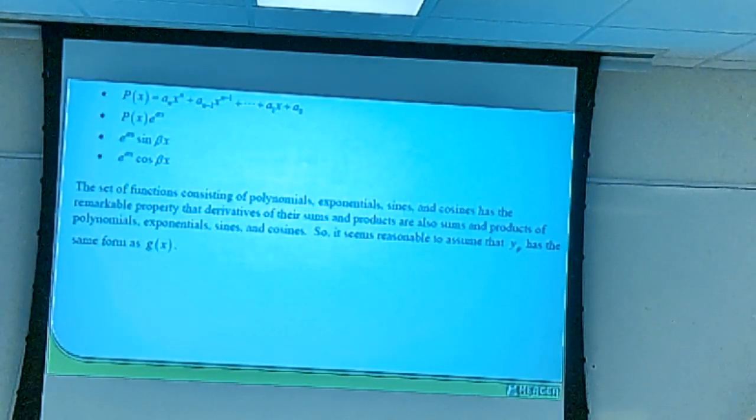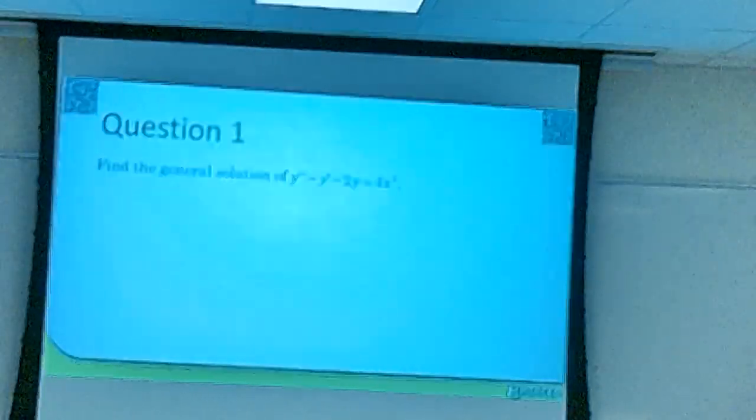For undetermined coefficients, what you do is you guess a form of your particular solution based on the form of g of x. This can only be used if g of x is a specific form: a polynomial, an exponential, something involving trig, or any combination of their sums and products.